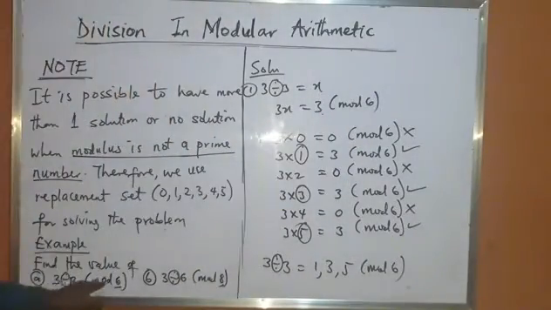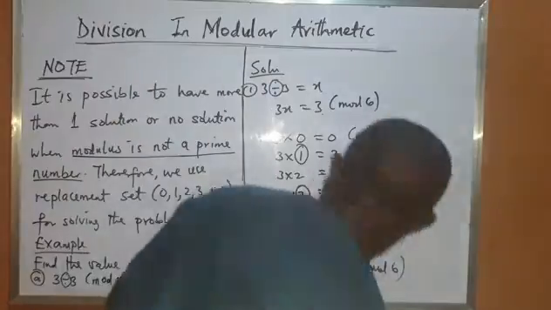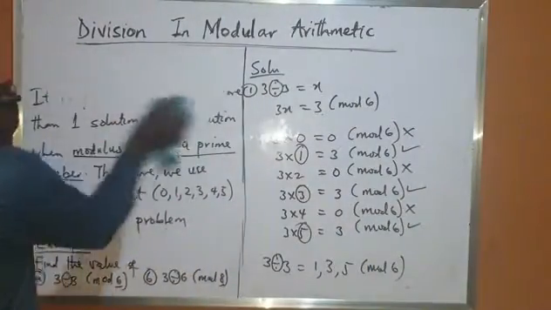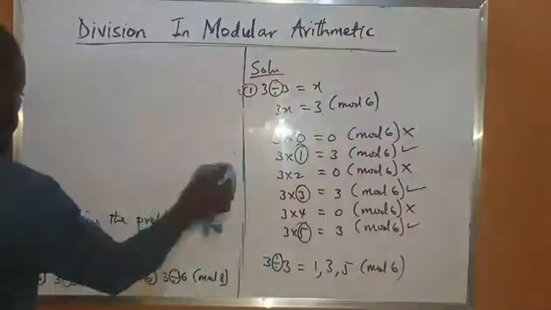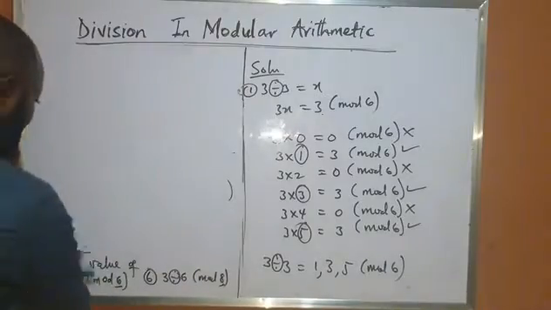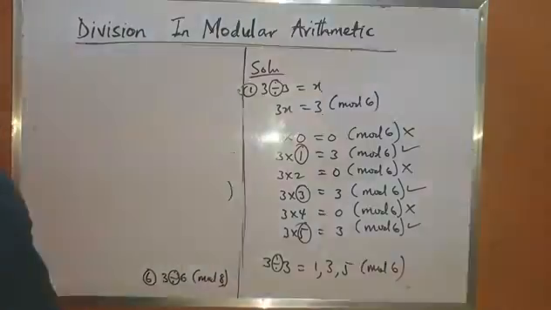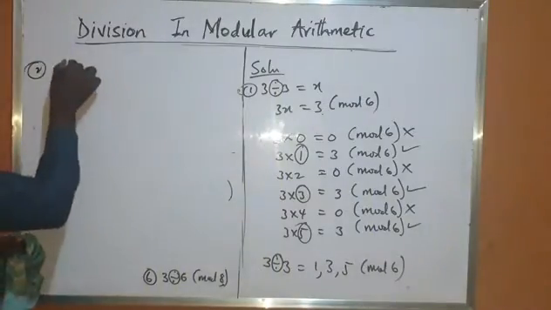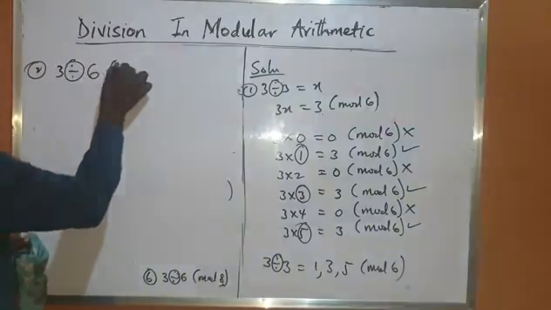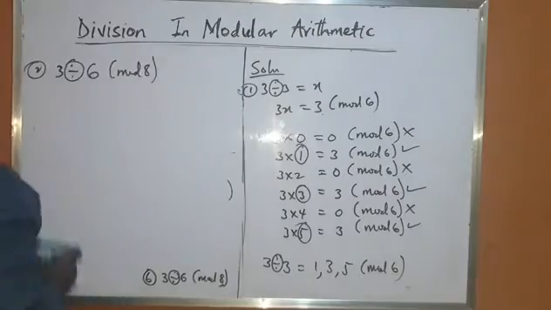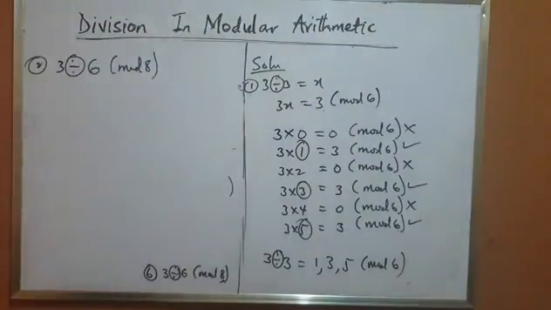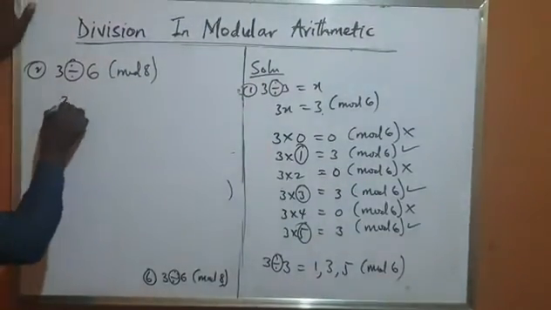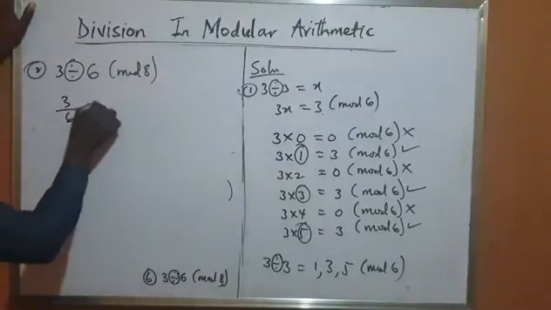So let's check the second one, which is mod 8 here, and see what we're going to get. Question 2: 3 divided by 6, mod 8. So this would be 3 divided by 6 equals x.